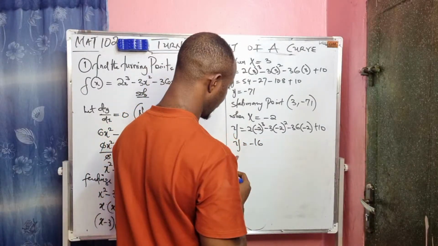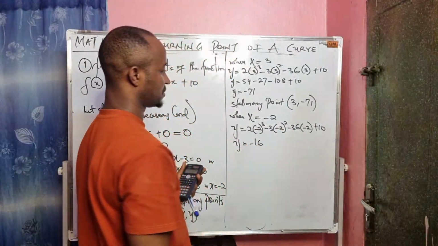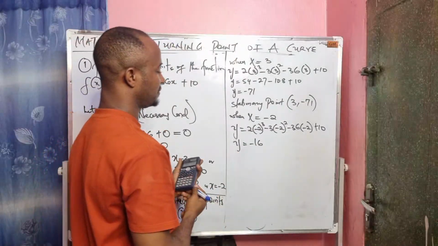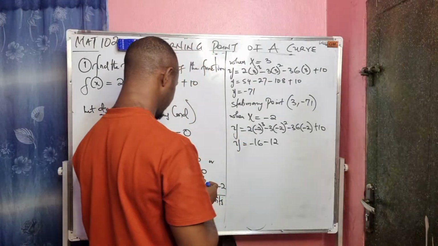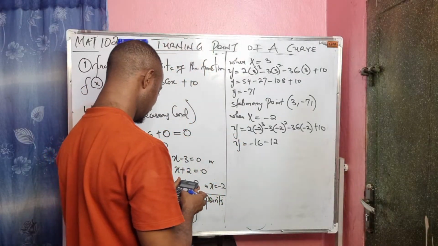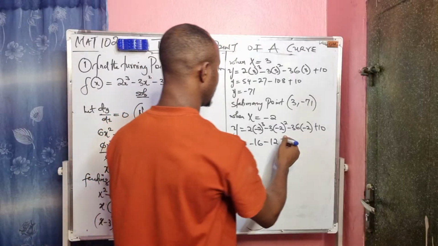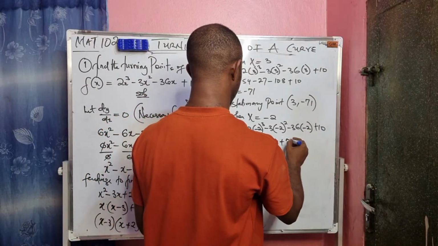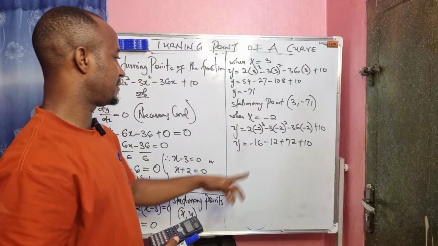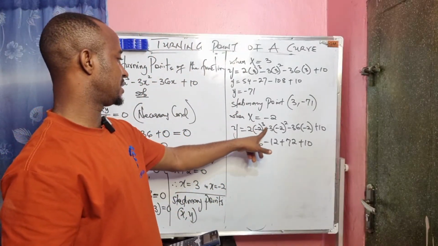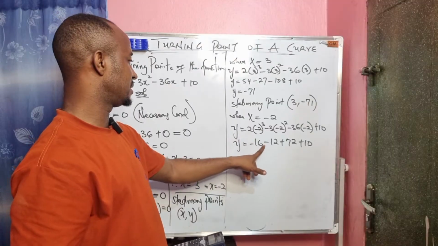Minus 2 to the power of 2 is 4. Then 4 times minus 3 is minus 12. Okay, let's verify again. Minus 8 times 2 is minus 16.